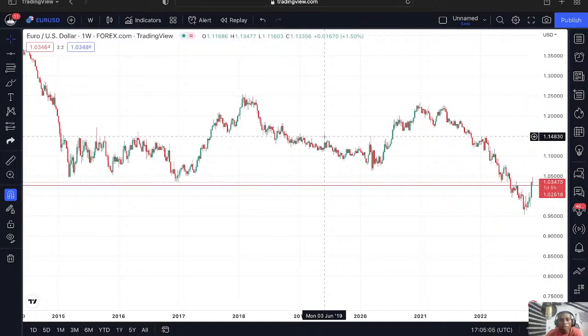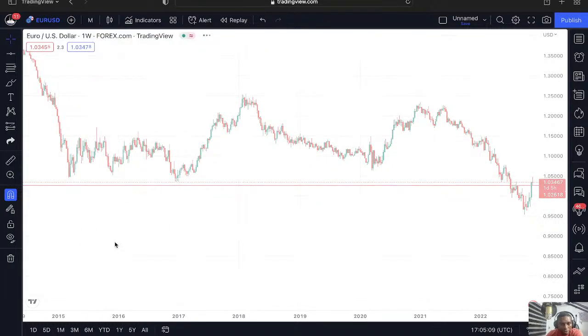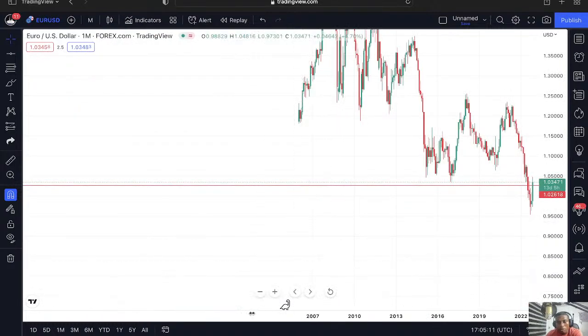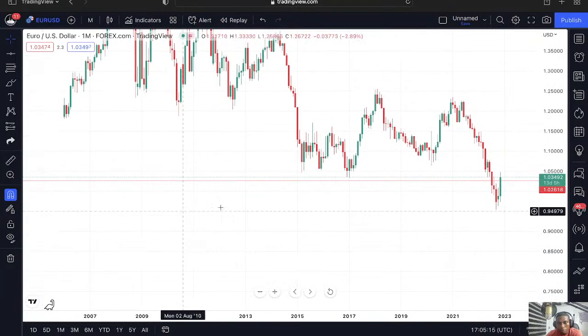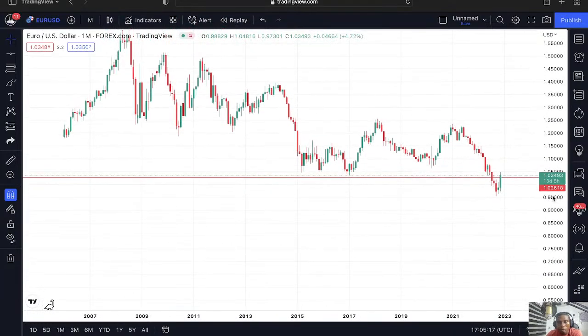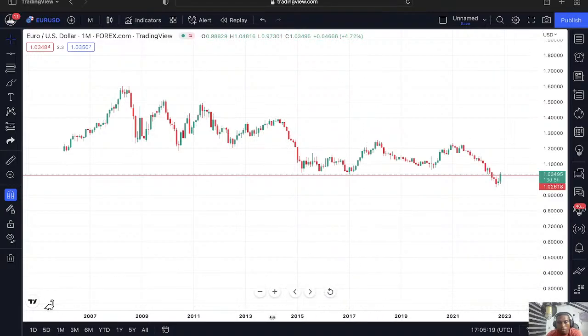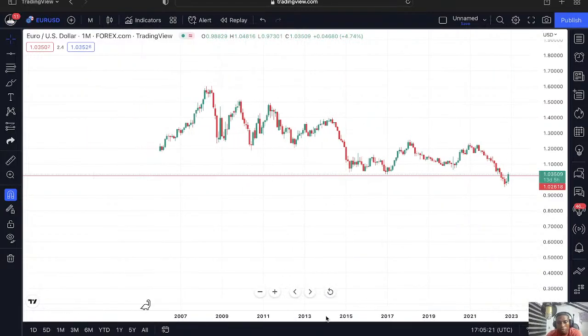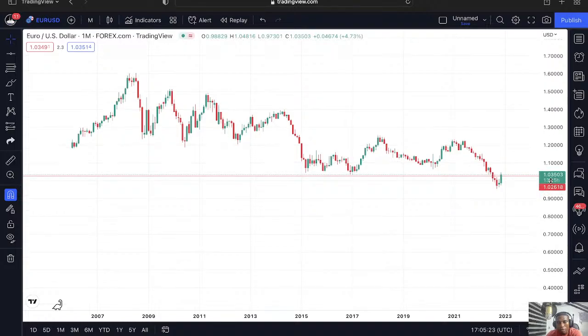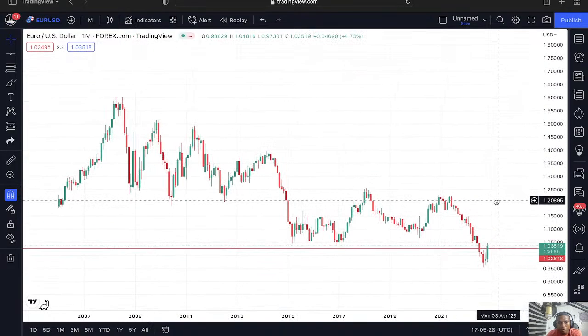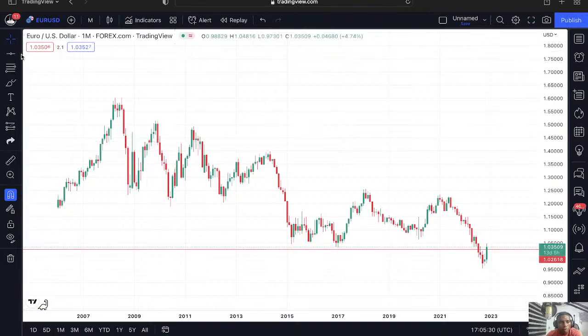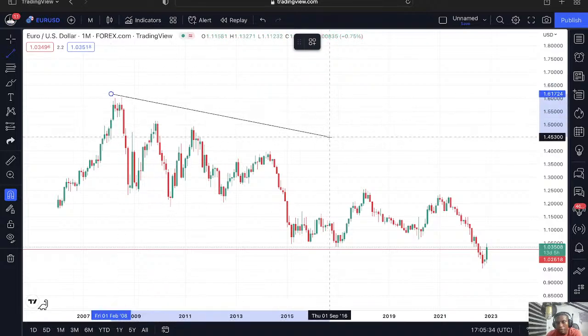All right, so here we are on the weekly time frame. Let's go to the monthly time frame, starting with the monthly time frame.